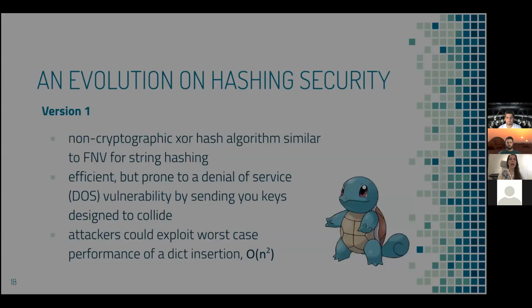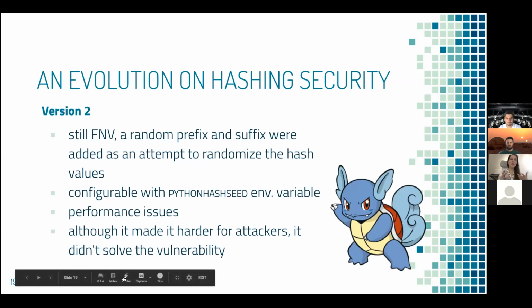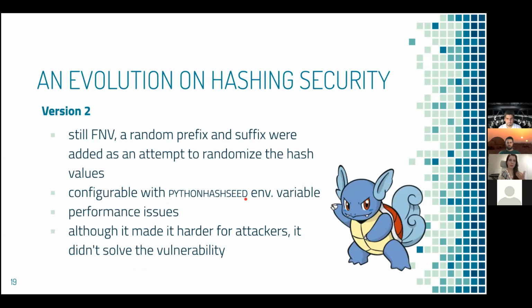Version number 2 tried to add some randomization to the same algorithm. The essence of the algorithm was the same, but they added a randomized prefix and suffix, and you could customize it with the PYTHONHASHSEED. You could turn it off completely, or customize it to be something else.